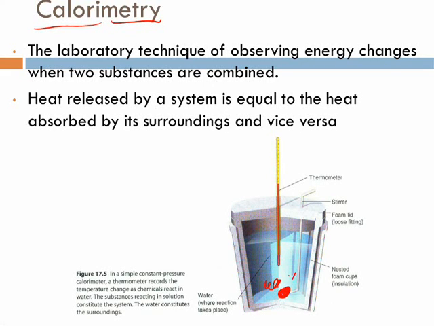As the reaction takes place, the water will absorb the heat, and we'll be able to measure that heat, because the system releases heat and the surroundings absorb it, and vice versa. The surroundings might release heat to the system, and we can measure the temperature change.